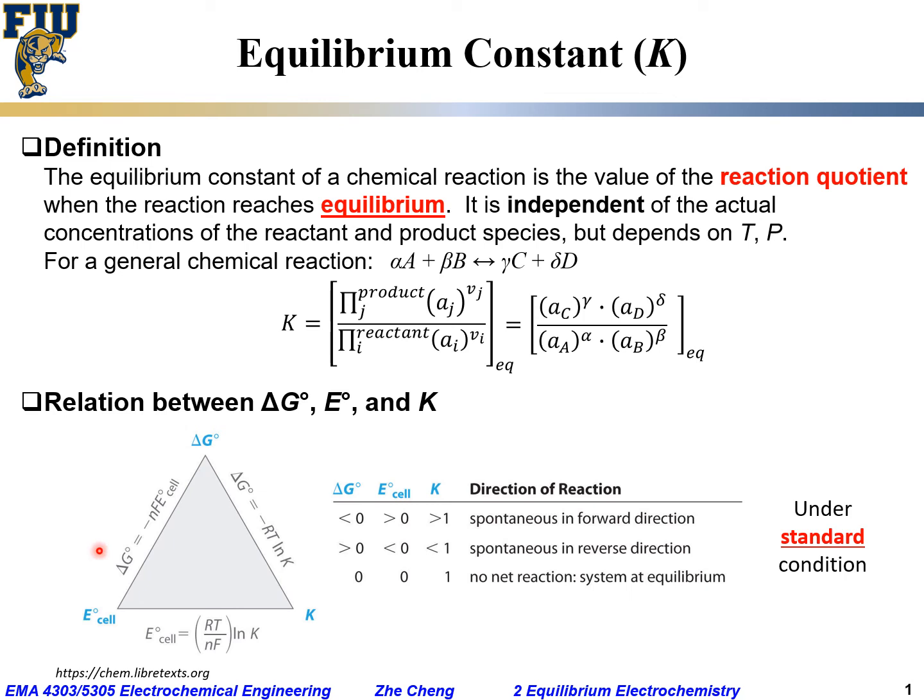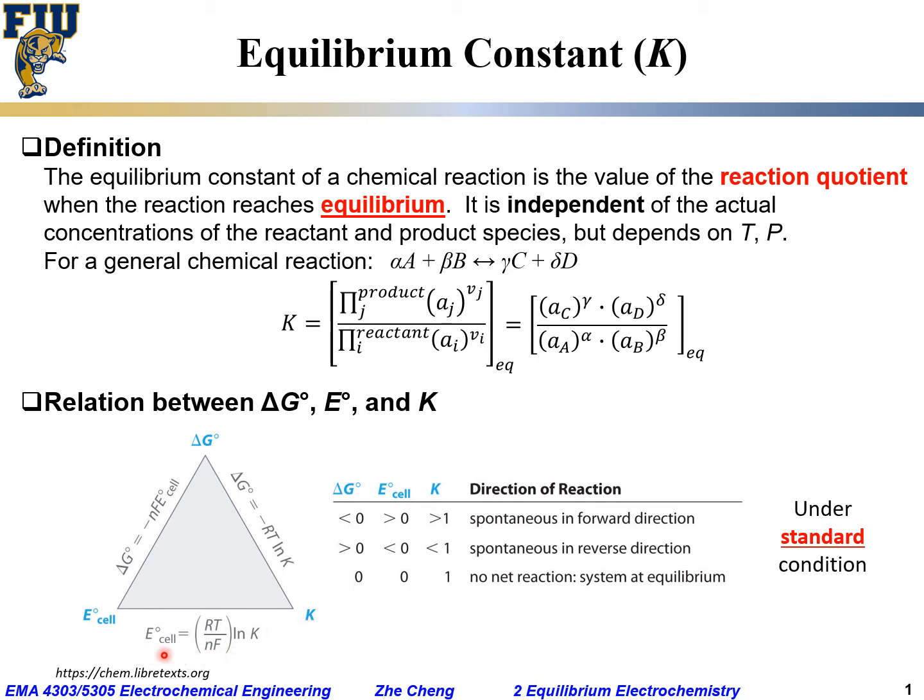The free energy change for a process quite often is negative, which means free energy decreases, and then that energy would be used as work done to the outside. So the work is positive, the delta G0 is negative, so we have a negative sign here. Finally, between E0, the standard cell potential, and the reaction equilibrium constant, we have this relationship.